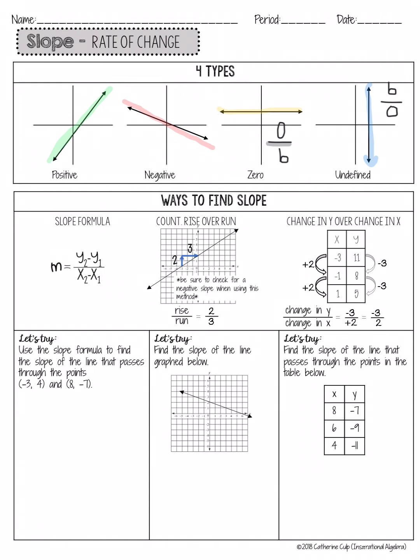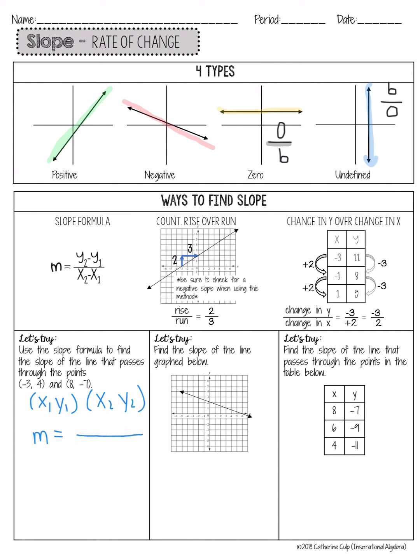Now we're actually going to try. The first thing I'm going to do is I'm going to label x1, y1. And my second ordered pair is x2, y2. Then I'm going to write m equals.